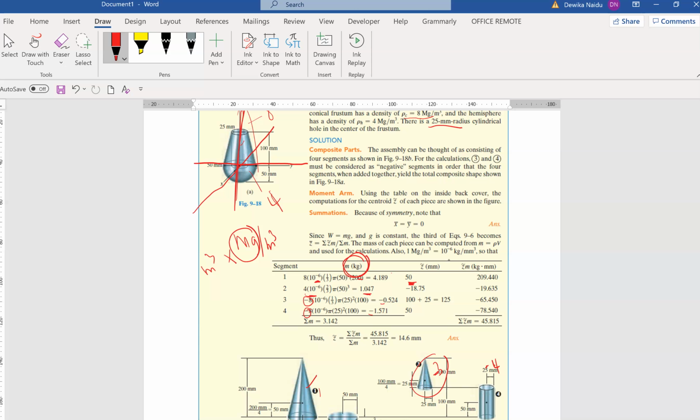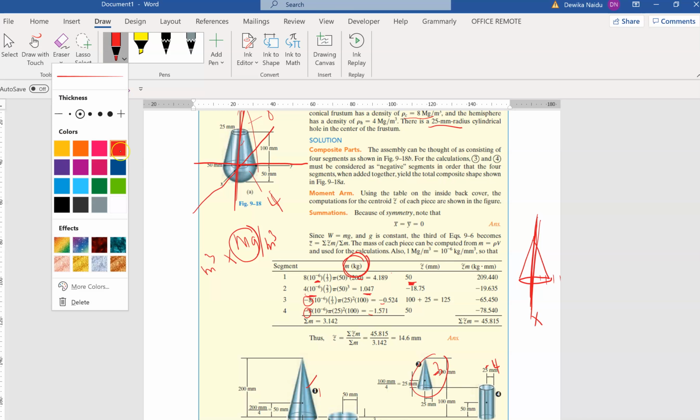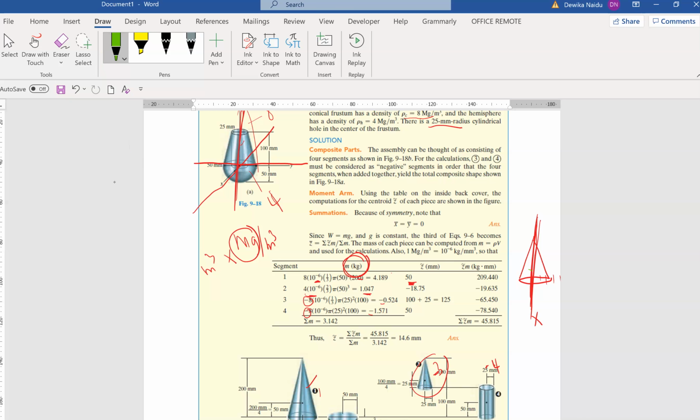Okay, you understand what I'm saying, right? Because if you have a cone like this, and you take this line here, this will represent your x-axis, correct? So this is symmetrical. You understand it or not? The x-axis is symmetrical, but the z-axis has a distance. The z-axis is not symmetrical, so that's why it is looking for z.